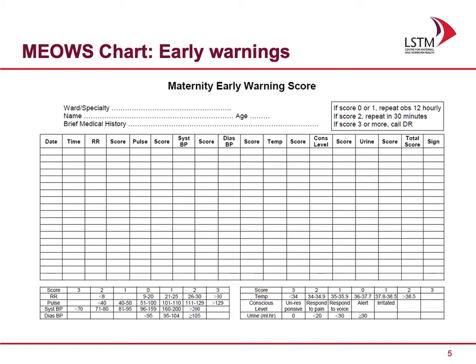And as the score changes with time over the course of different observations, you can see if they're getting better or getting worse. So that column second in on the right hand side, the total score, you should be able to look down that and say, well, the score's got less, that means the patient's improving, so we're doing the right thing. Or you might have to say, well, the score's got higher, and therefore perhaps we need to alter the management somewhat.